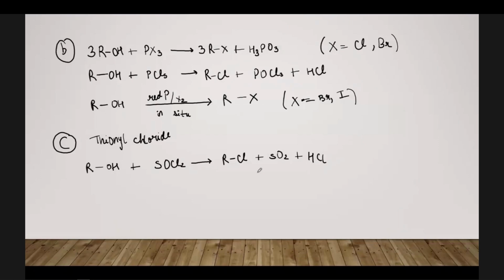Now these methods that we have just studied, all these three categories, do not apply to the aryl halides. Because in aryl halides there is a phenyl, that is, a benzene ring.